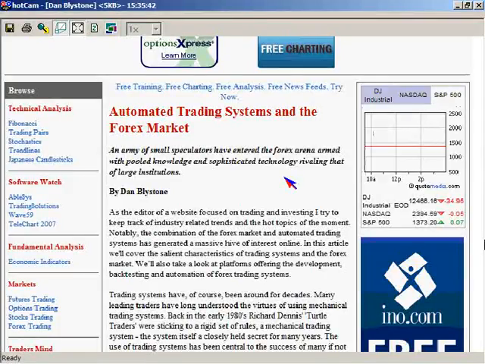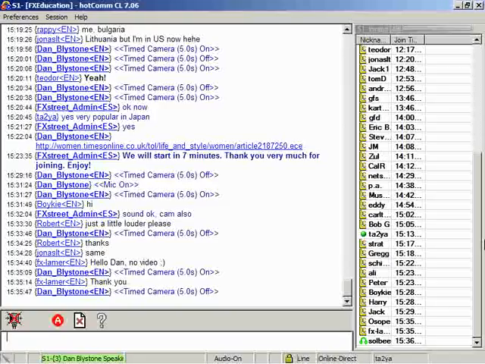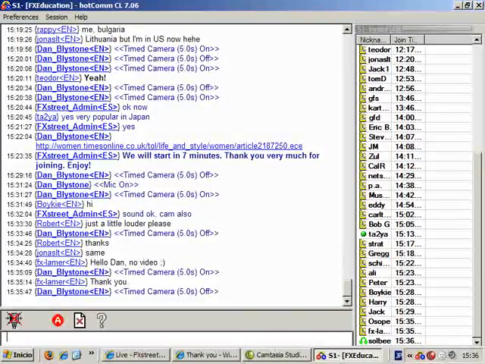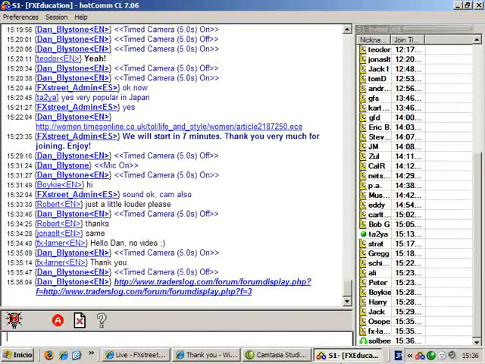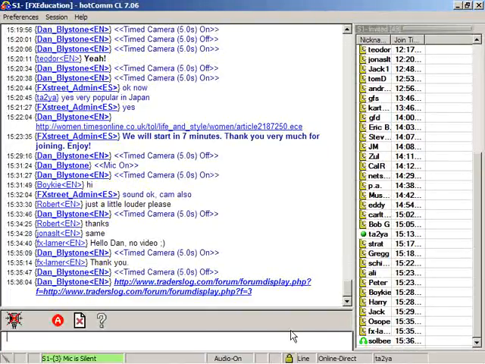I mentioned Richard Dennis's turtle traders, and I'll make just a quick aside here to point out where you can find a PDF of the original turtle trading rules, and you can find it on this page.